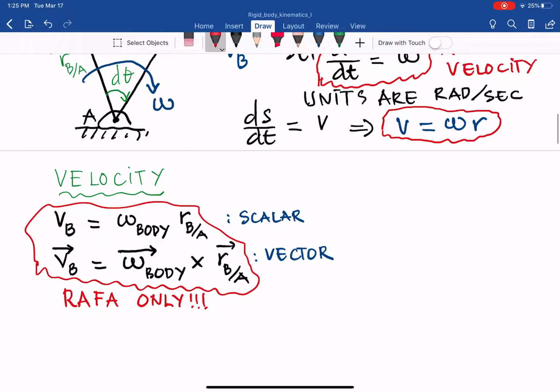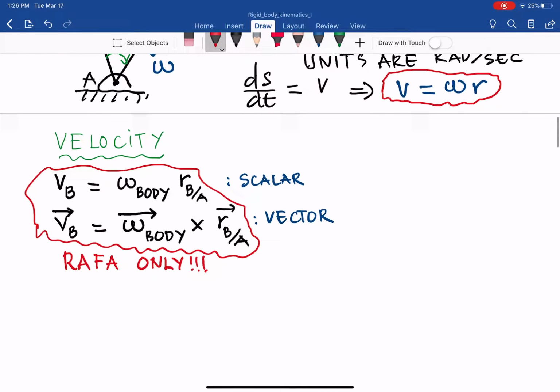Keep that in mind. So how about the other two motions, translation? Let's go back to our particle kinematics. How about GPM, general plane motion? We are going to talk about it in the next lesson. So for now, these two equations apply for rafa motion, rotation about a fixed axis.